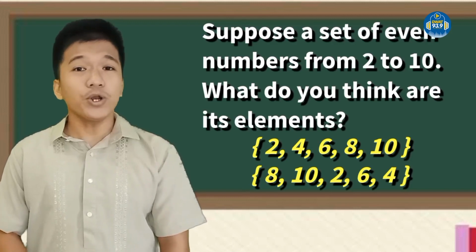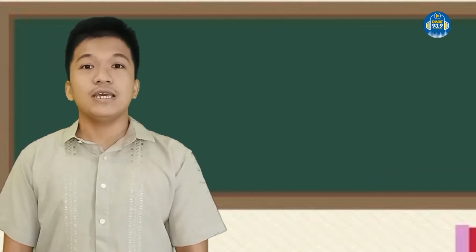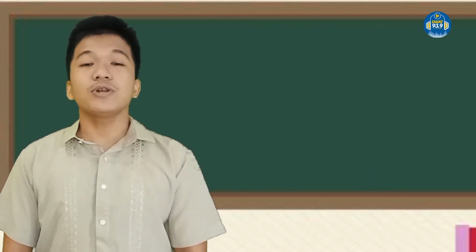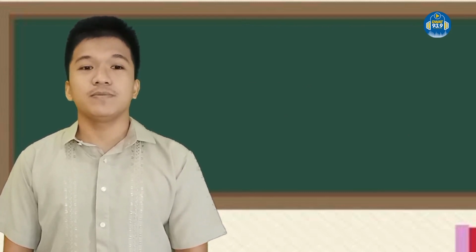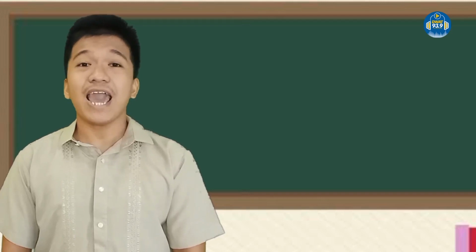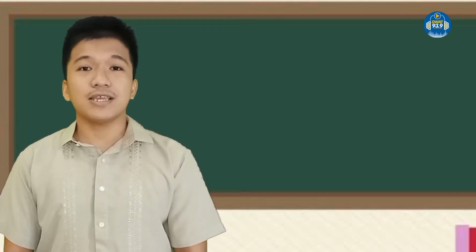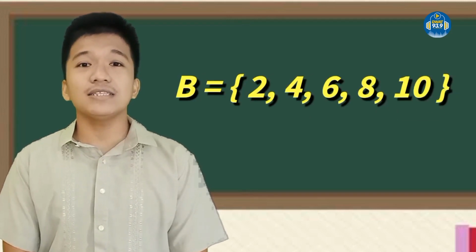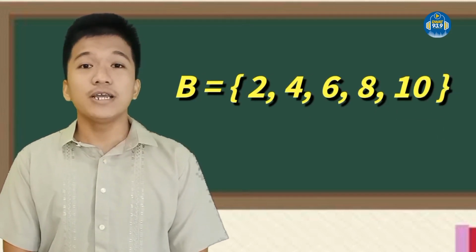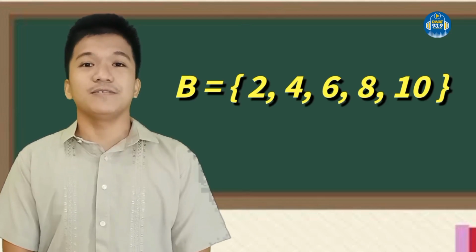However, though the order is not important, it's a good practice to write it in ascending order or descending order. We can name it by any letter. Let's say set B, which is equal to the set containing 2, 4, 6, 8, 10.